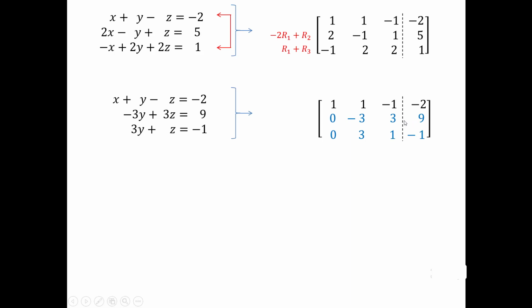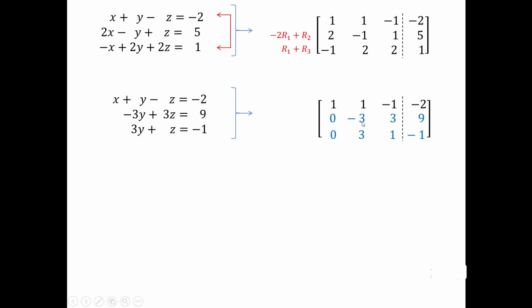Which is why, at this point, we're only going to be dealing with these two equations. We're going to completely forget about the first one for a minute, and we're going to do our best in order to get these to be a particular number. So remember that after we get 1, 0, 0 in that first column, we jump to the middle and try to get this to be a 1.